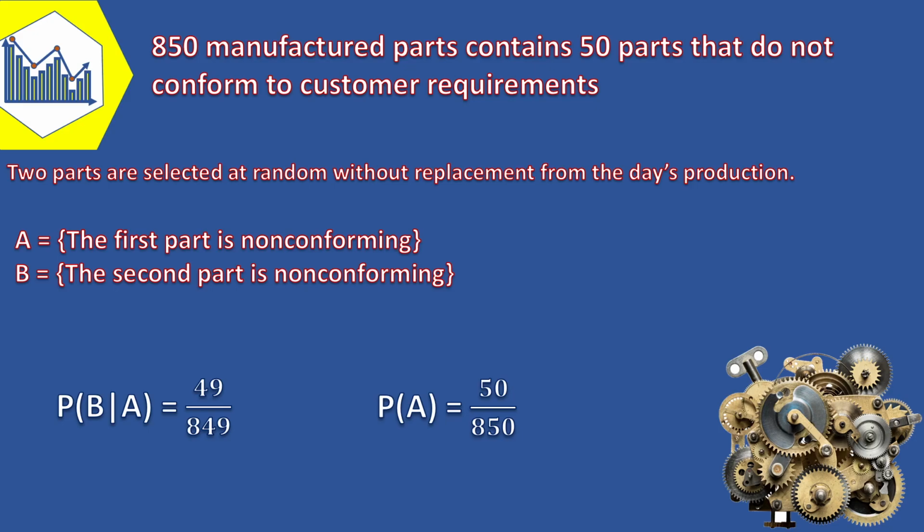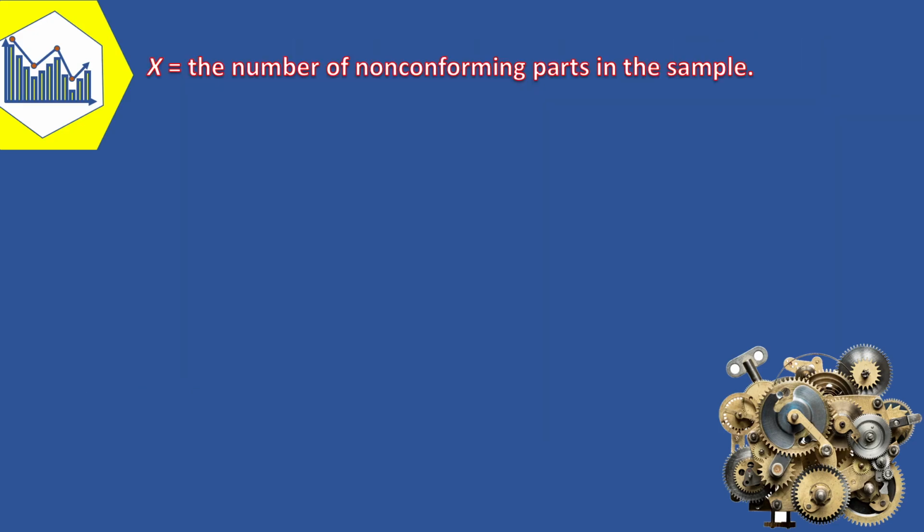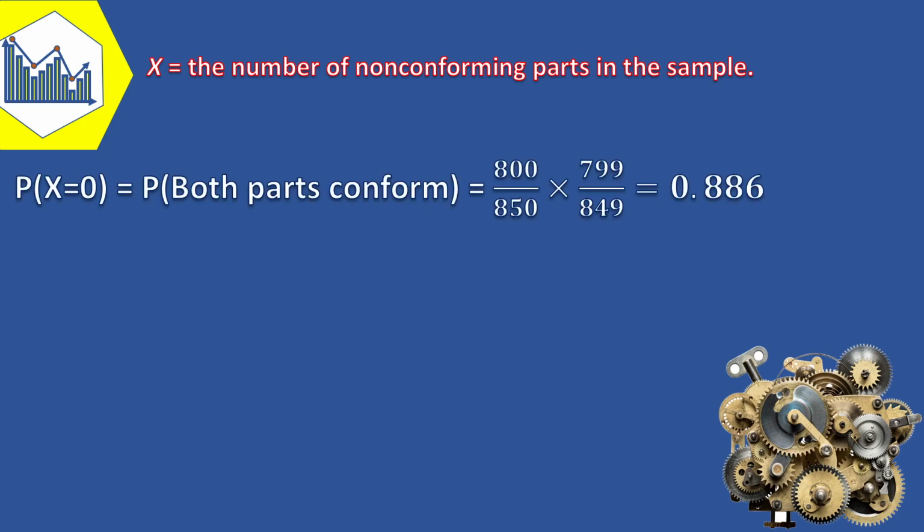Consequently, the knowledge that the first part is non-conforming suggests that it is less likely that the second part selected is non-conforming. Let X equal the number of non-conforming parts in the sample. Then, the probability of X equals 0 is the probability that both parts conform, and that is equal to 0.886.